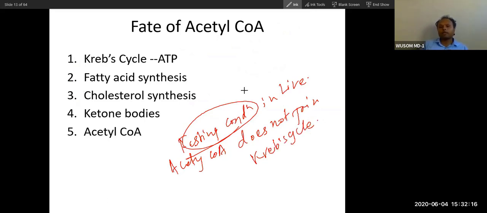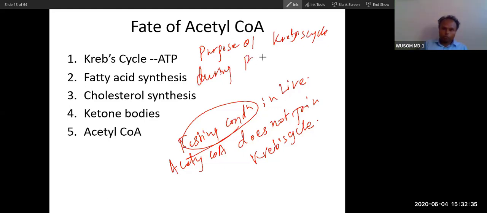Then what is the purpose of the Krebs cycle then? Because the Krebs cycle occurs during fasting condition also, and fed condition also. So the purpose of the Krebs cycle during prolonged fasting is gluconeogenesis.